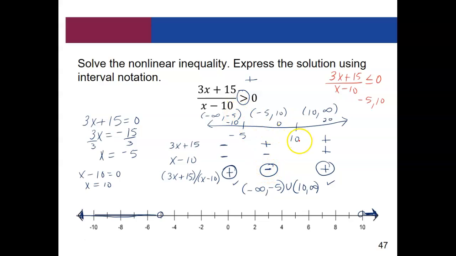And I would need to exclude the 10 because of it being in the denominator. So I would put a parenthesis on that, but the -5 would be okay, so I would put a bracket on that. So that was just a little side note, just to have another reference so that you could see that if you're turning this around, how it's going to affect the endpoints and so forth.